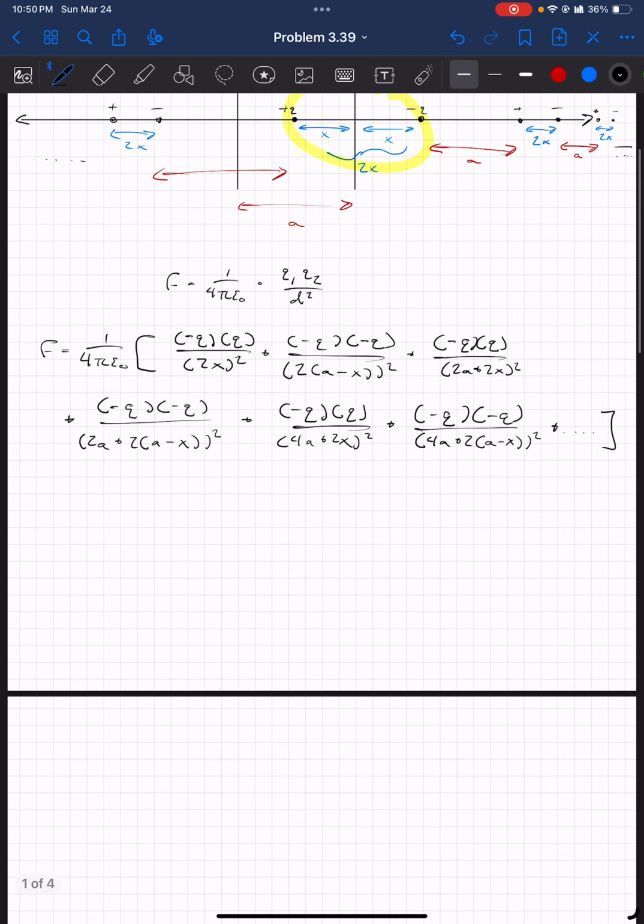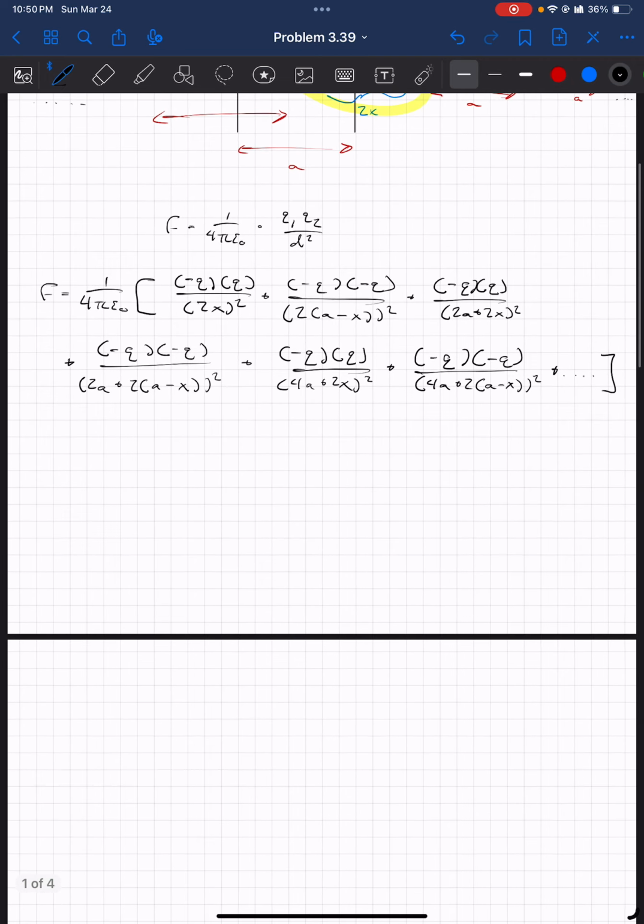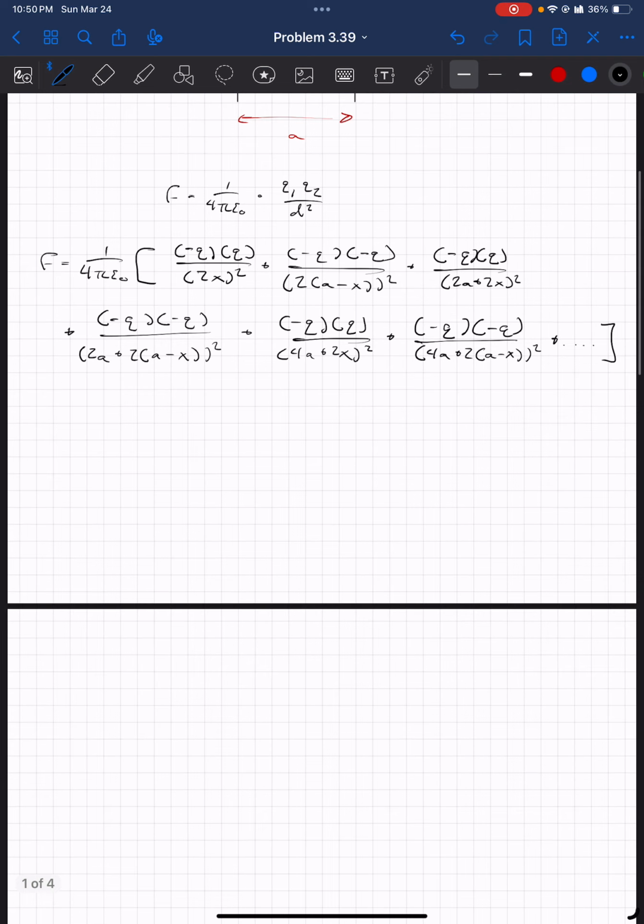And as you may notice, there's a slight pattern. And before I just blatantly describe the pattern, we can reduce our formulas by basically just doing this for each one. So we will have force is equal to 1 over 4 pi epsilon naught.